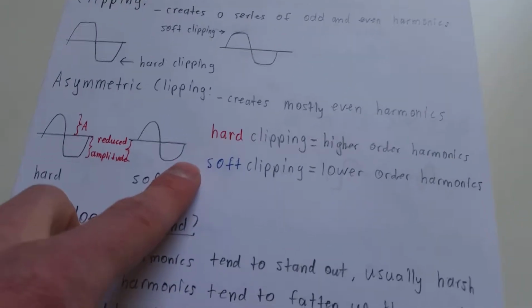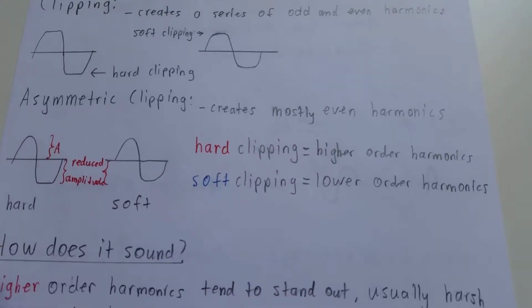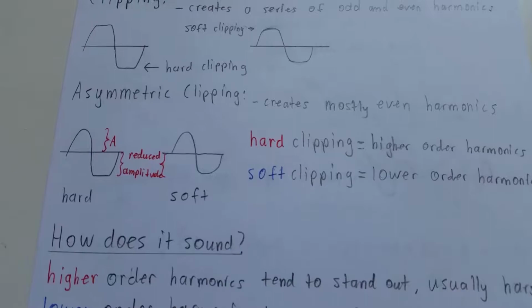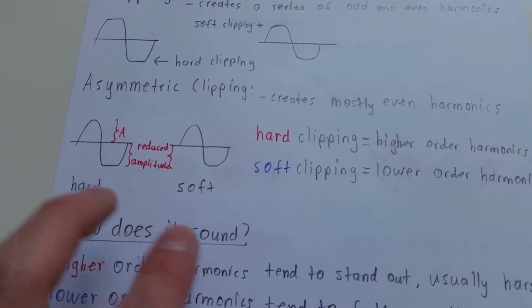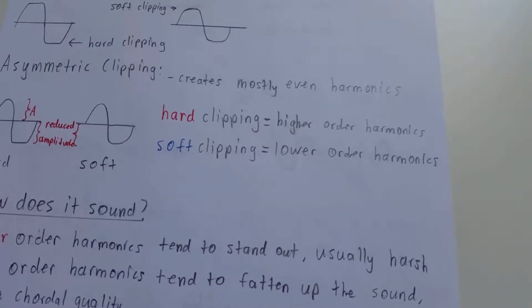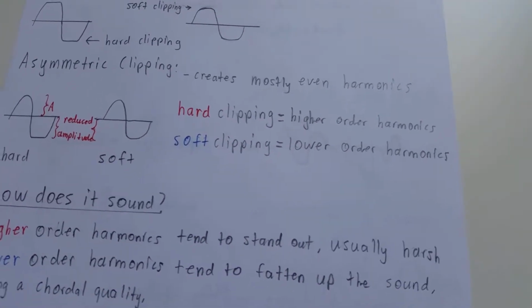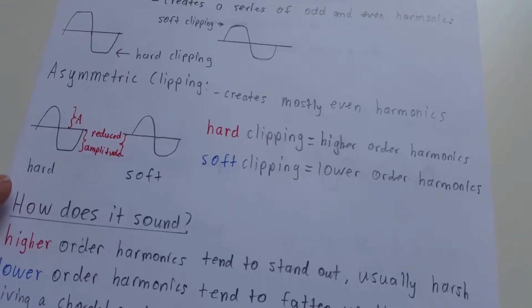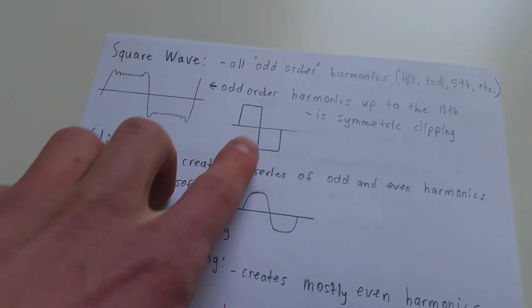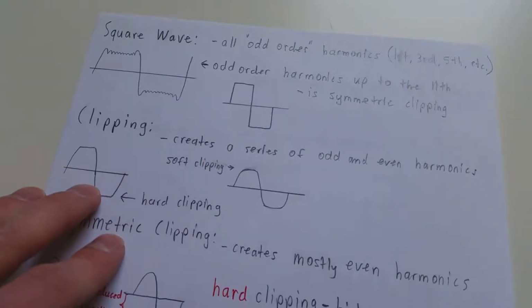Asymmetric clipping creates mostly even harmonics because you're taking off only one part of the sine wave and not equally on each side. And like I said, hard clipping is higher order, soft clipping is lower order. And a square wave, like I said earlier, is all odd order harmonics.